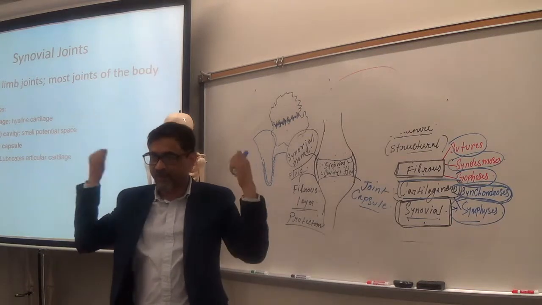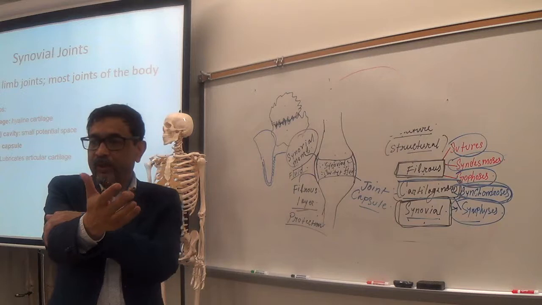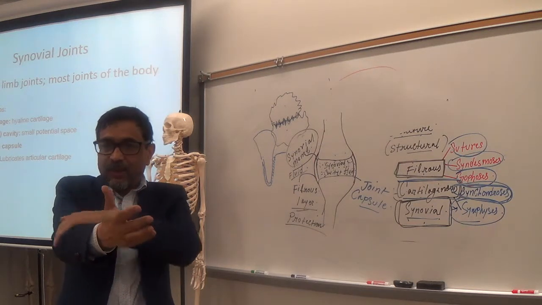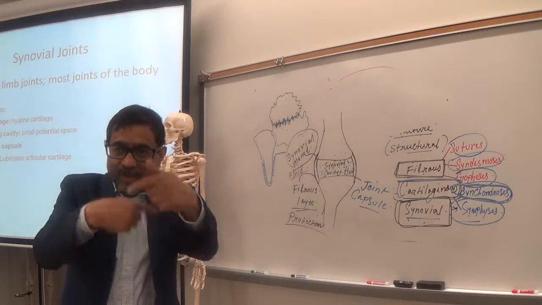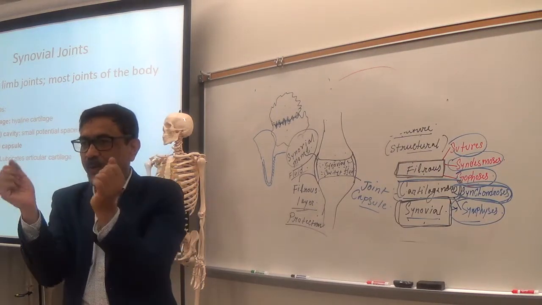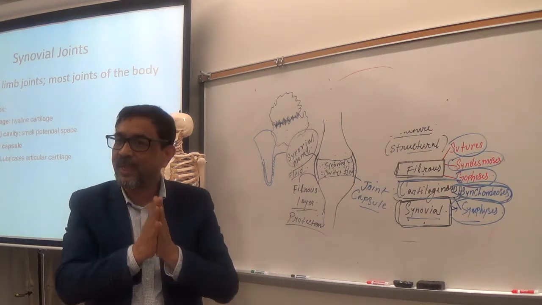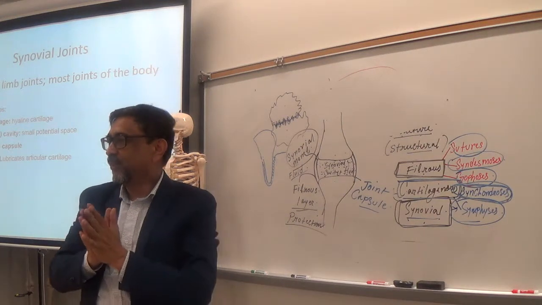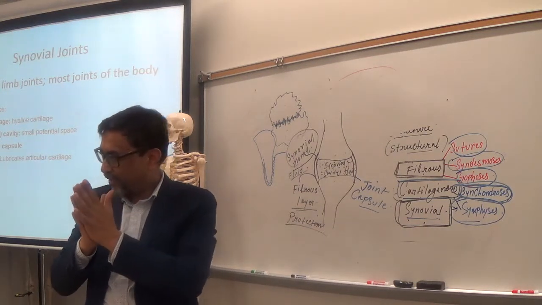of movement, right, occurs in synovial joints. So around the joint, I told you, you have the muscles, right? You have the tendons, you have the ligaments, capsule around the joint, right? So when you move the joints, the chance of friction between those structures is high. Make sense? So the fluid prevents the friction, right?